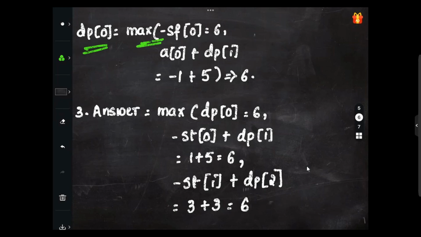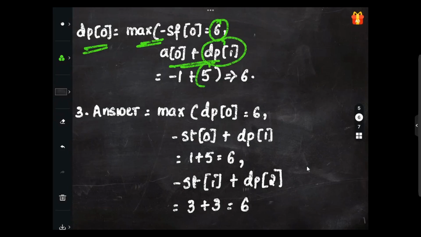So dp of 0 is nothing but the max of minus suffix of 0, which is equivalent to 6. So we'll be going with a of 0 plus dp of 1. The a of 0 value is minus 1 plus dp of 1, and we have already got the dp of 1 value, nothing but 5, right? So dp of 2 is nothing but 3, dp of 1 is nothing but 5, we know this, right?